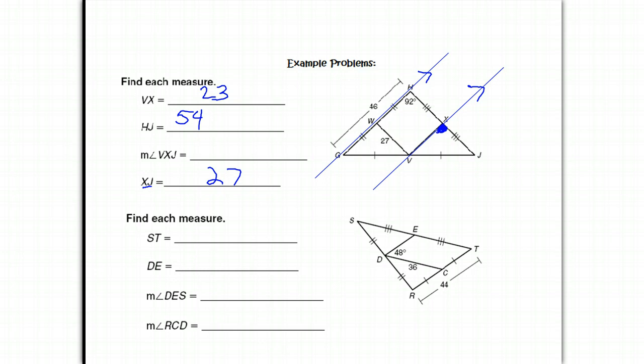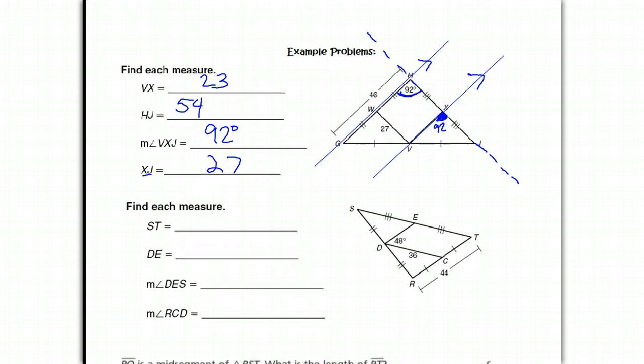And we can look across to this angle because those angles are corresponding, since there's a transversal cutting through. The transversal would be HJ. So we know that this angle is 92 degrees as well. So that's the first problem where we've used properties of midsegments.